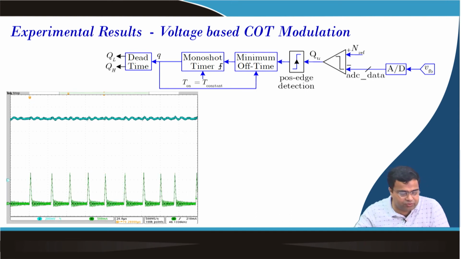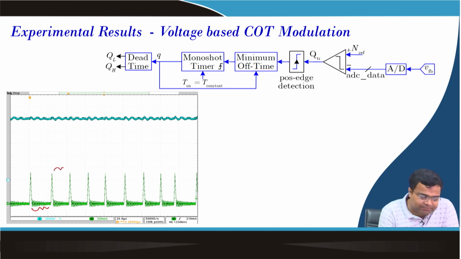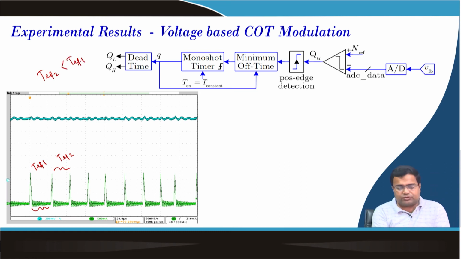The next waveform I want to show, this is the operation, but you see this time period they are supposed to be same, and these time periods are slightly different. So, if you take T effective 1, T effective 2, so T effective 2 seems to be smaller than T effective 1. So, it is slightly varying. Why? Because we are not taking analog comparator, so we do not have infinite resolution of the time.